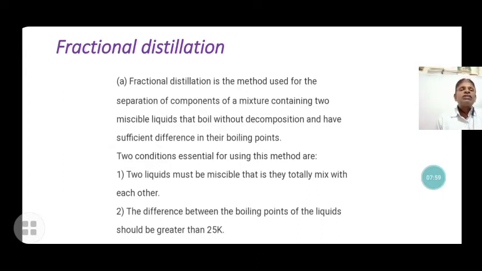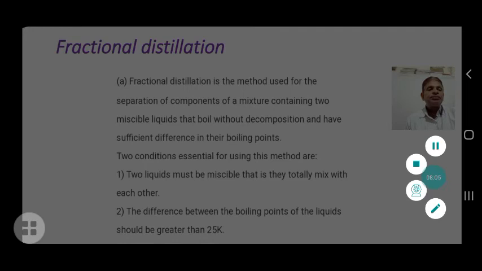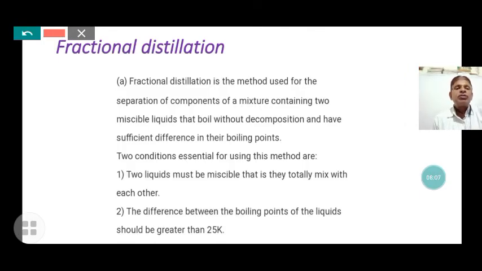Fractional distillation is a method used for the separation of the components of a mixture containing two miscible liquids that boil without decomposition and have a sufficient difference in their boiling points.